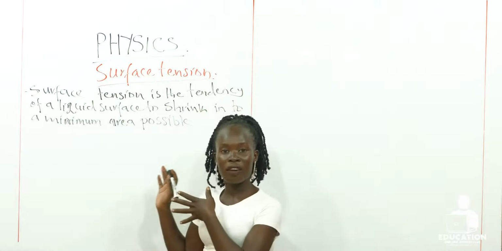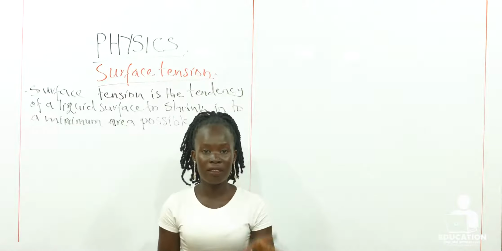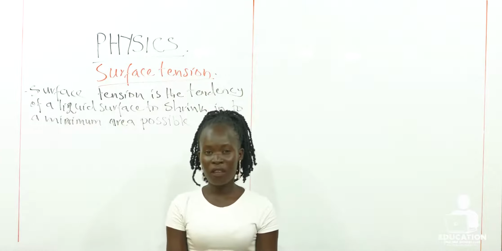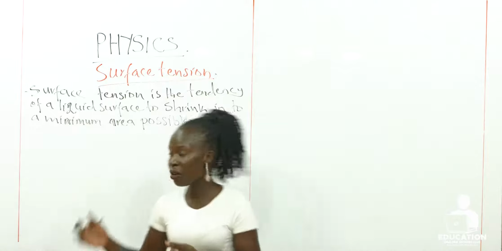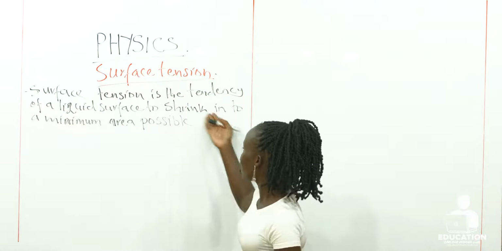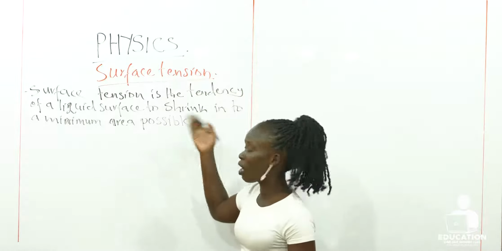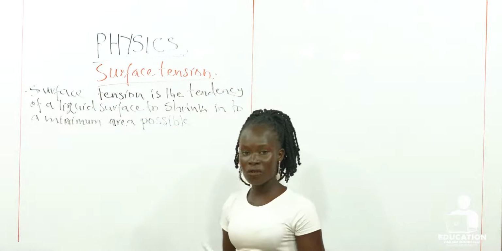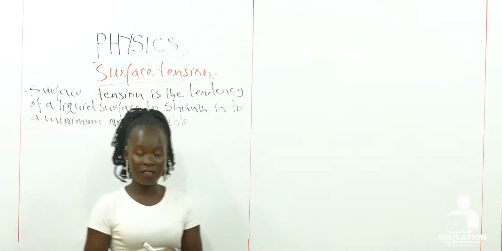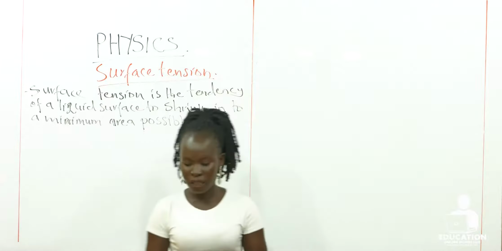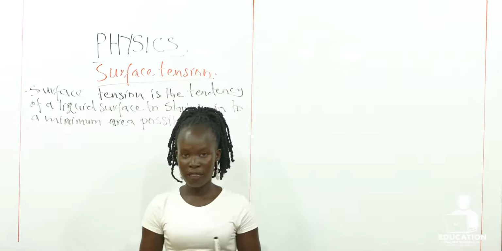For you to see this surface tension, there are some mechanisms in play. There are basically two mechanisms that play around to give us this shrinking or elastic manner of the liquid surface. Let's look at the first one. We can say that there is an inward force on the molecules in the liquid.